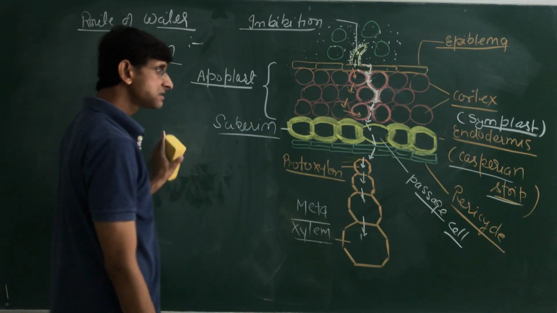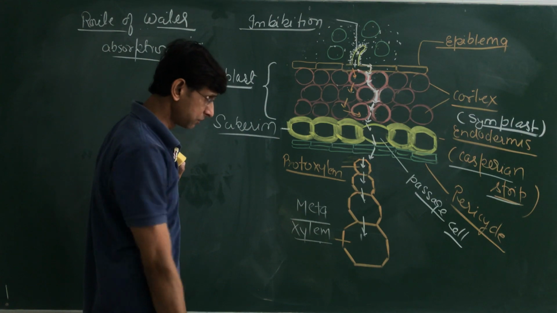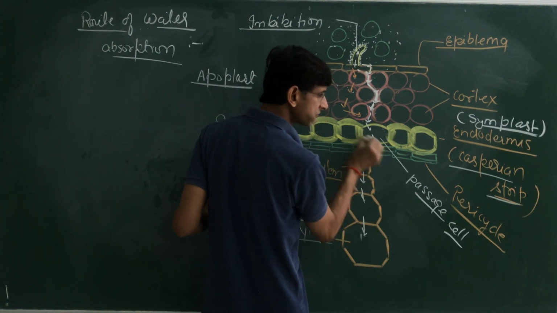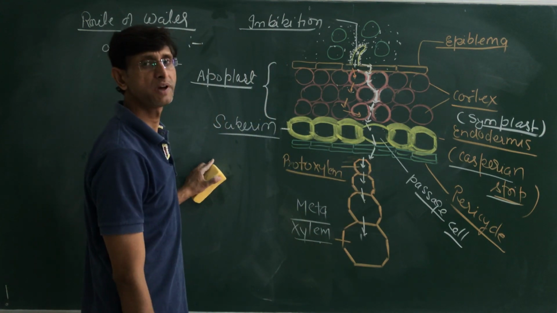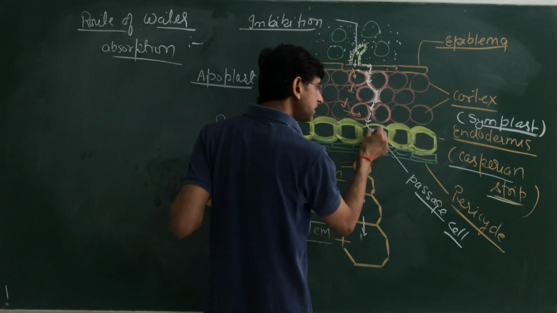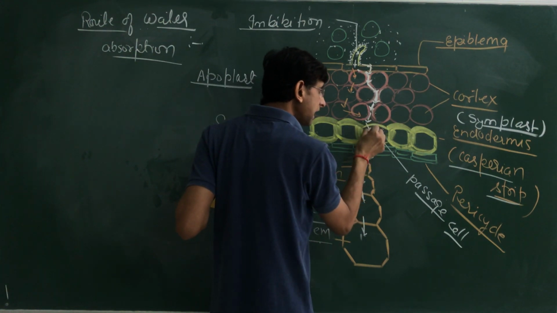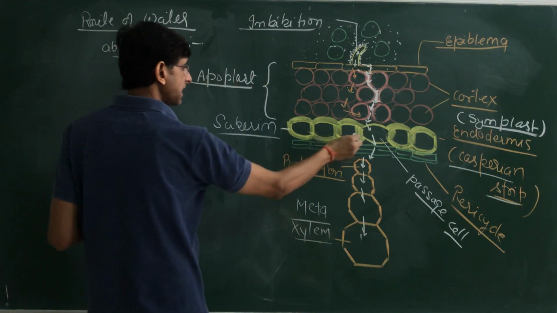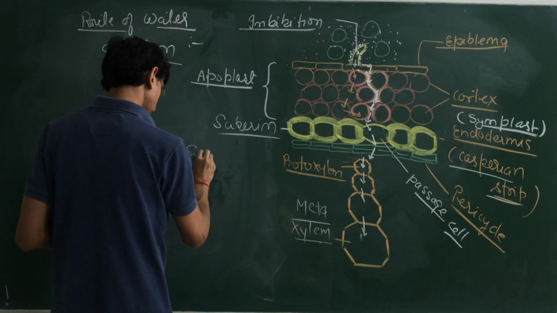And how is this barrier crossed? Look, there are a few cells which are not deposited with suberin, and in these cells water can enter only through the cytoplasm, which is also known as the symplastic pathway.